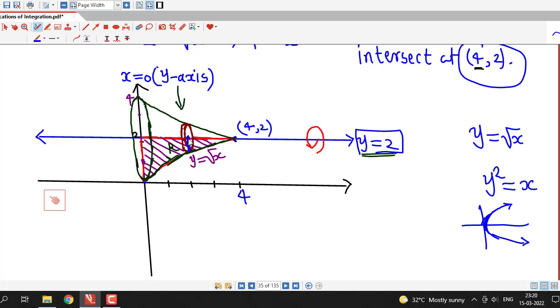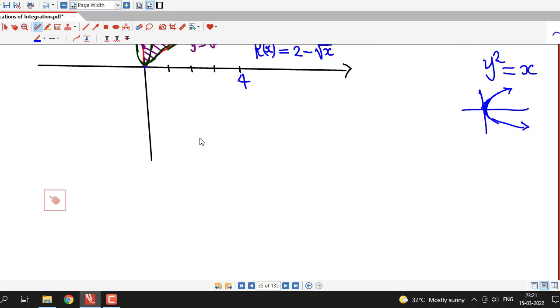So we can see this distance is going to be 2 minus square root of x, or we can say that the radius of the circular disc, which we denote by r(x) or simply y, is 2 minus square root of x. So once we have the radius of the circular disc, we can obtain the volume of the solid which is generated.